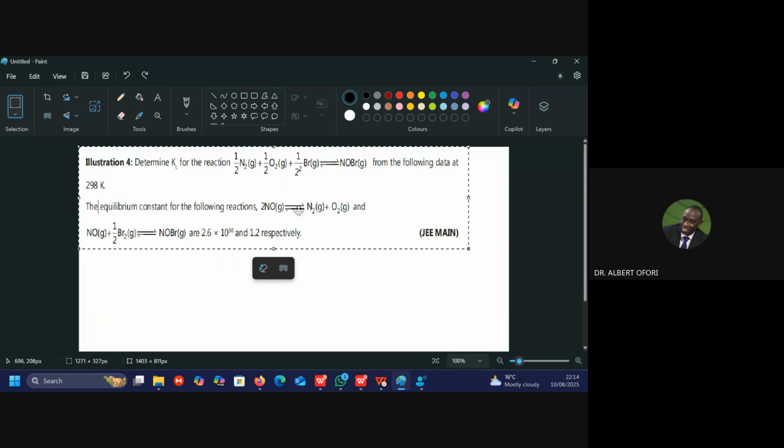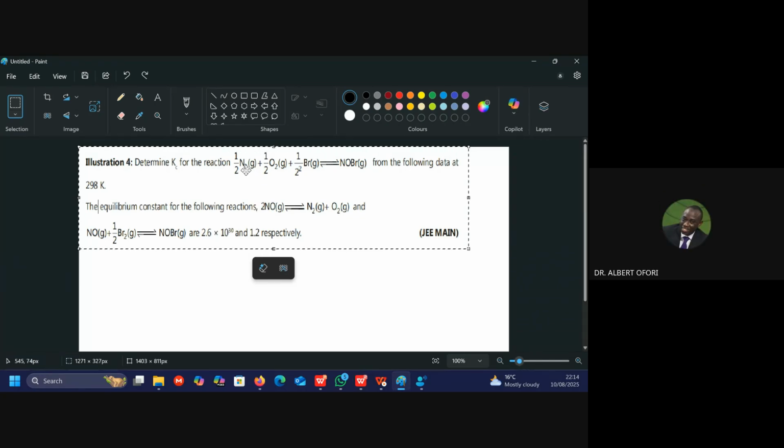So it means that I need to reverse this reaction. By reversing this reaction, the new K becomes 1 over the original K. Clear? Yes, clear, sir. Okay. Now, it's not done.